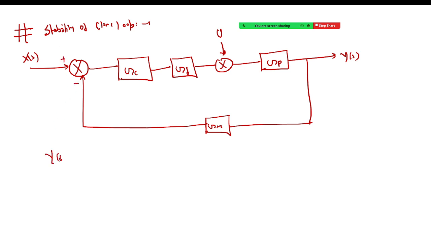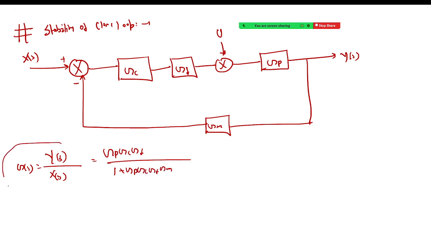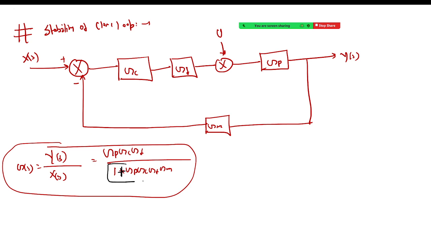So we have seen that YS upon XS, that is GS, is equal to GP, GC, GF divided by 1 plus GP, GC, GF, GM, right? This is your transfer function of this particular closed loop for the negative feedback system, right? Now the denominator of this one, that is 1 plus GP, GC, GF, GM, is called the characteristic equation. Is it clear?